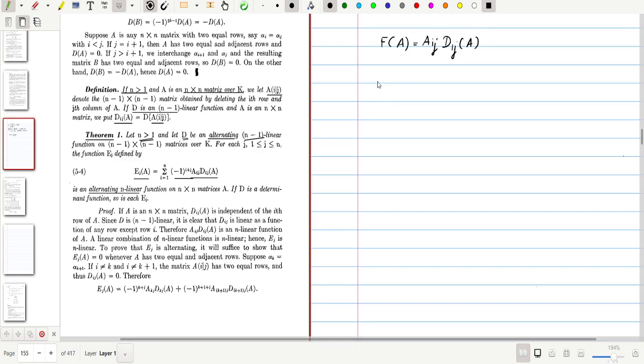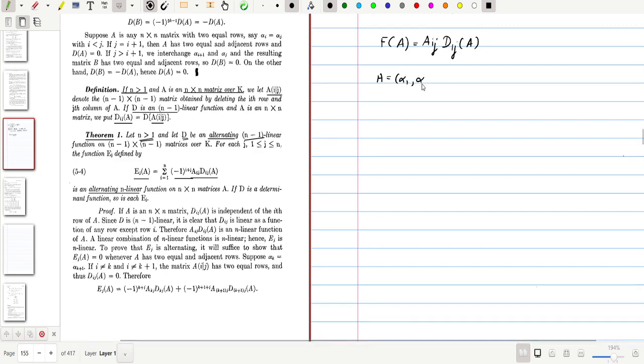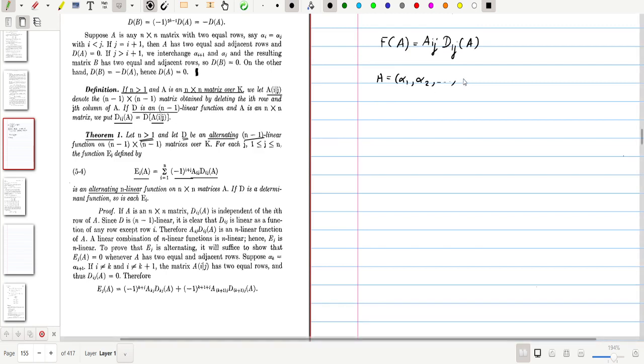So first we write this A as the rows alpha 1, alpha 2, etc., alpha i, etc., alpha n.